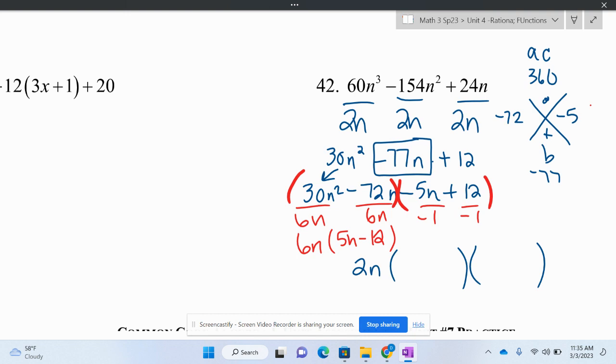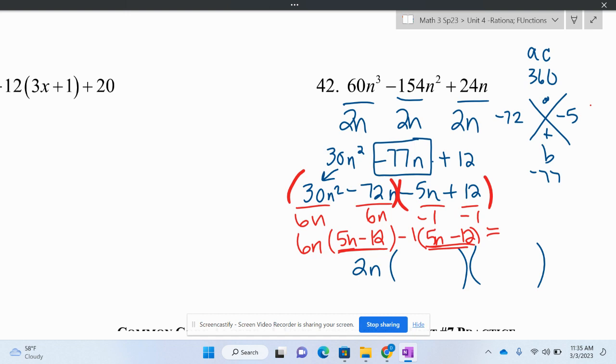If you're going to factor by grouping, the term in the middle has to repeat itself. So I'm going to take out a negative 1 here, and that allows me to say negative 5n divided by negative 1 gives me a positive 5n, because these two have to match. And 12 divided by negative 1 equals negative 12, because this term and this term are what we call copycats. They have to be the same.